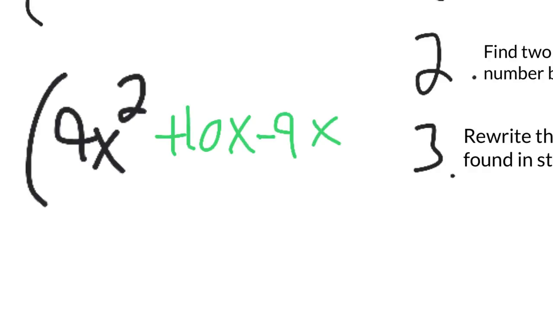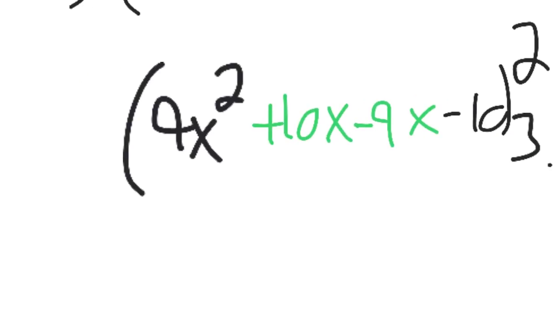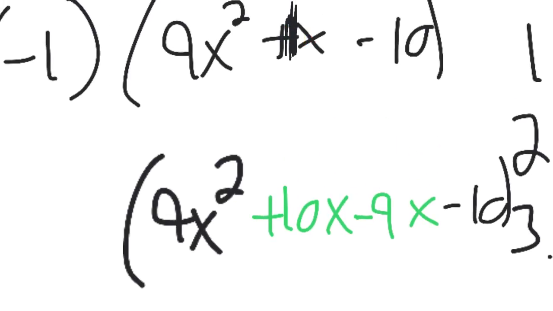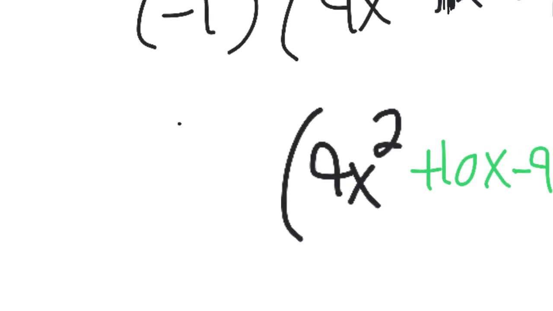And then we're going to finish it out with the minus 10, just as it says up there. So we did what that step asked for. The middle term was 1x. Now we rewrote it with 10x minus 9x. That simplifies to be this guy up here. And we just can't forget we factored out a -1. We're going to want to remember that for the end.